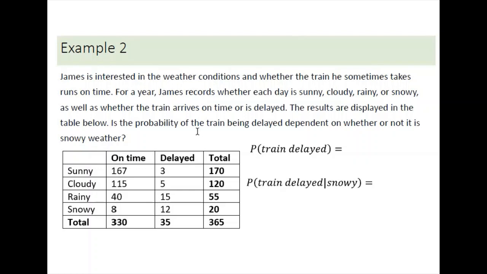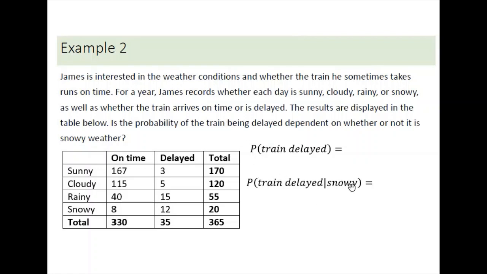Does the probability of the train being delayed depend on whether or not it is snowy weather? So we want to see whether snow is independent from the delay in the arrival time of the train or not.